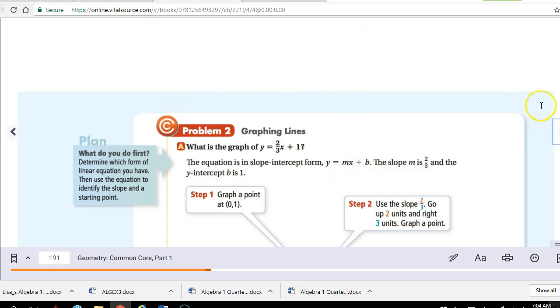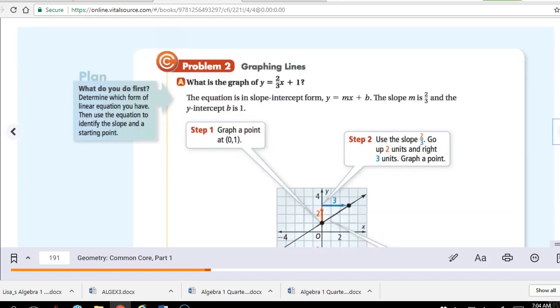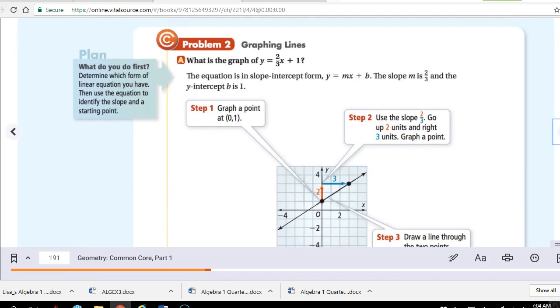So, let's look at problem 2 real quickly here. All right. If we're going to graph this line, again, I want to point out to you that this is your slope and this is your y-intercept, okay? So if that is true, then we're going to start at 1 on the y-axis, because that's what y-intercept means.